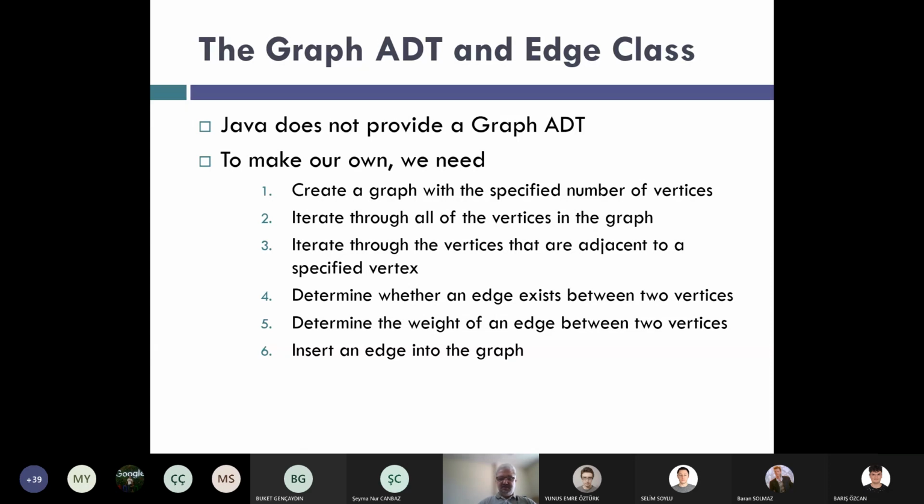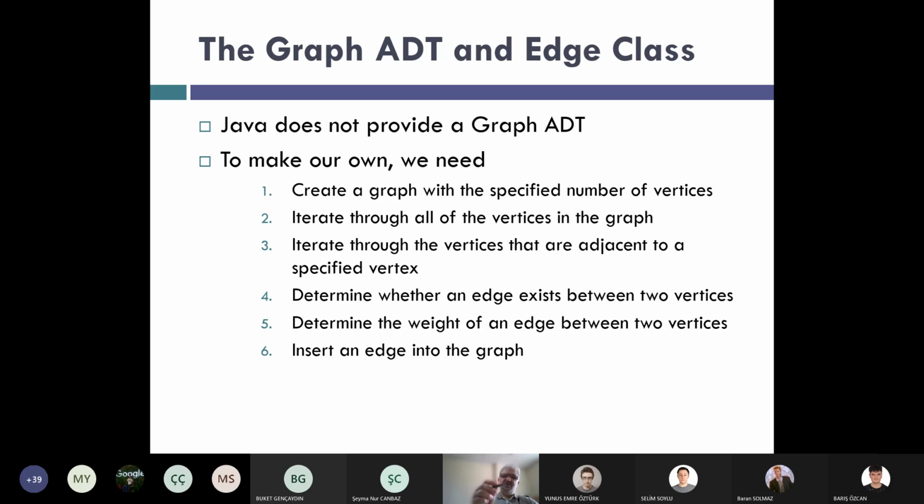So Java doesn't have any abstract data type for graphs. It doesn't define a graph interface or implementations of the graph. So in this book, there is a graph interface definition. You can define your own graphs as well according to your needs.